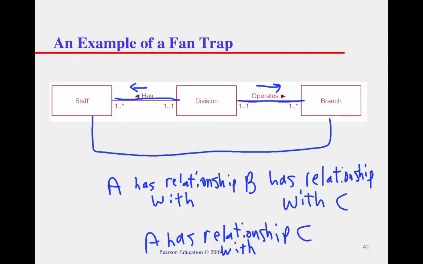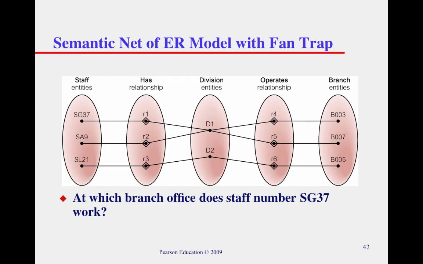And if you go further and look at things, you can see what's going to happen. So we have a division D1, which is operating two branches, B3 and B7. And you have a staff member who belongs to division D1.